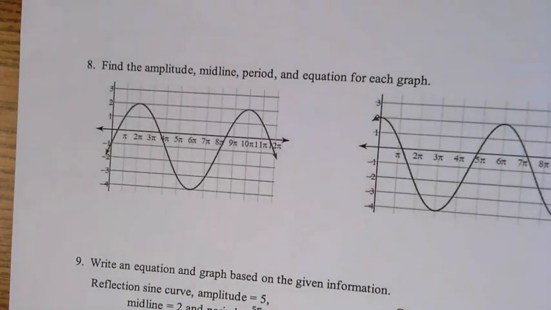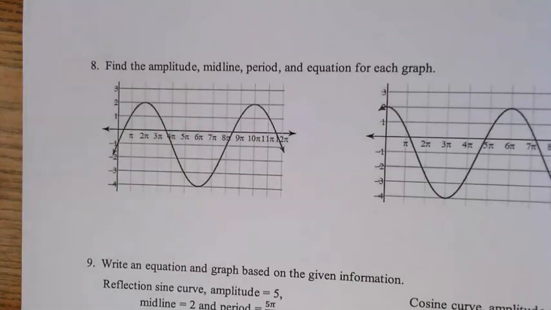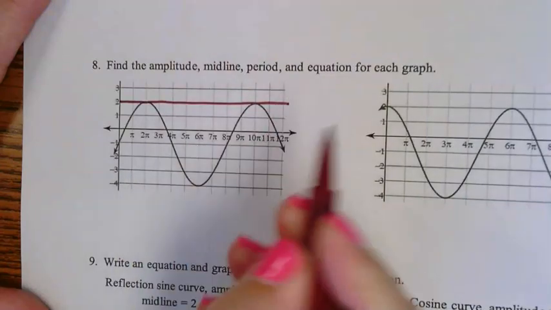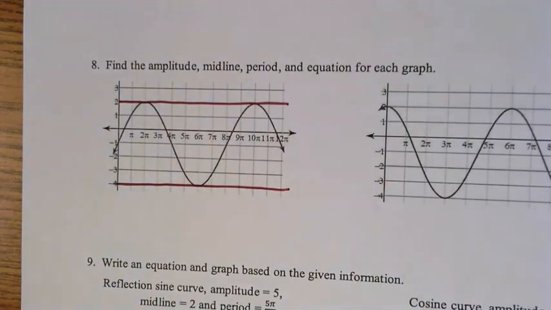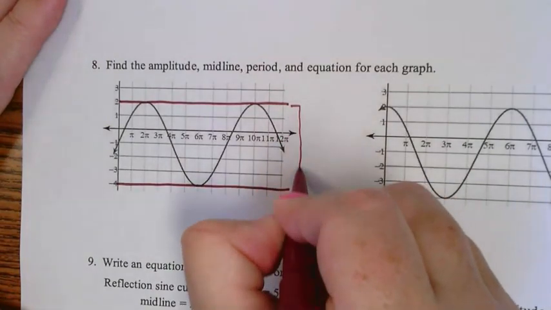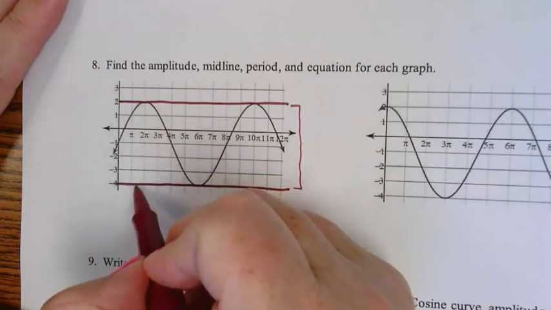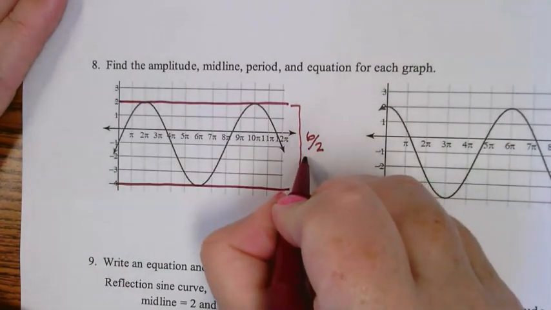Okay, so writing equations given the graph. Everything to the left has been taken out. So you want to draw a line through the highest point and the lowest point, and we want to count. 1, 2, 3, 4, 5, 6. We're going to divide that by 2 and we get 3.